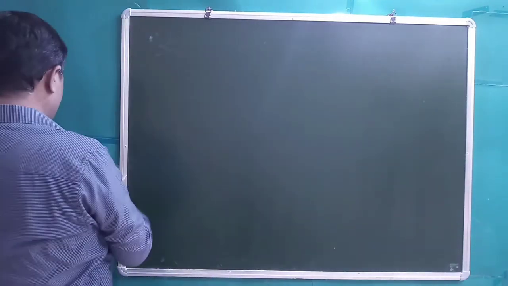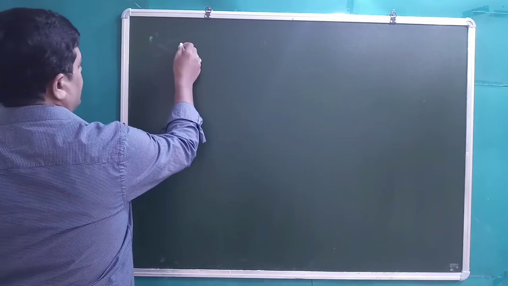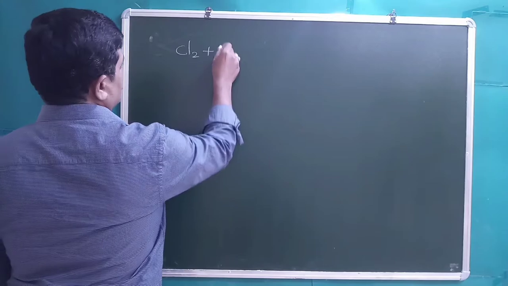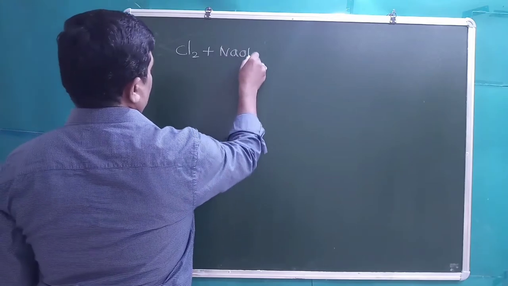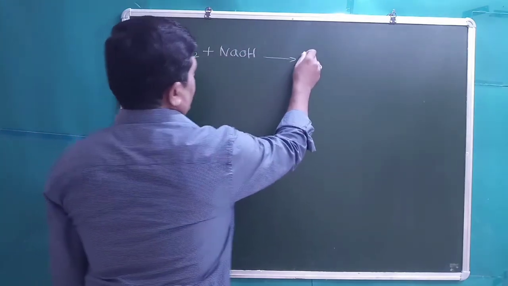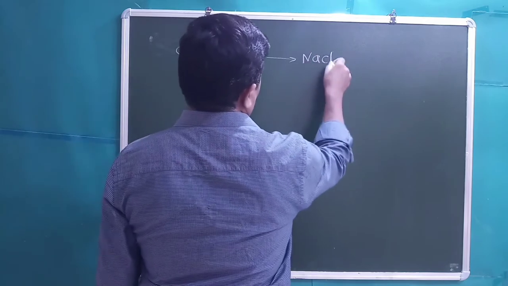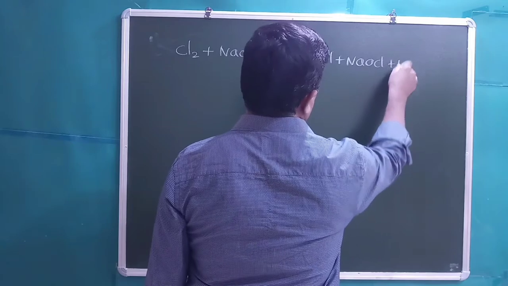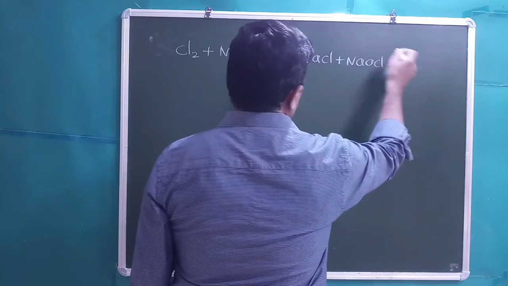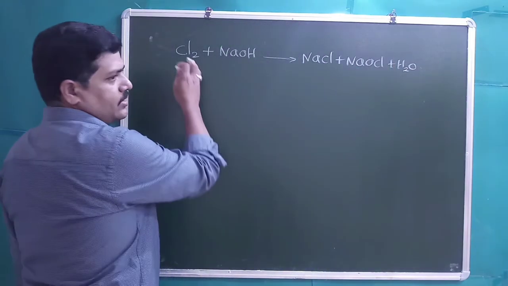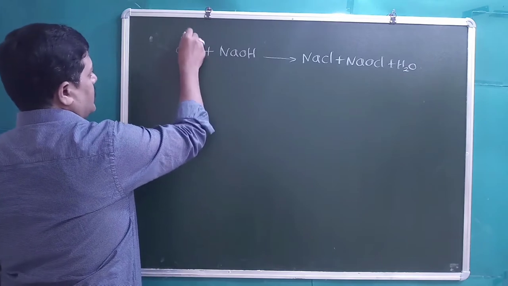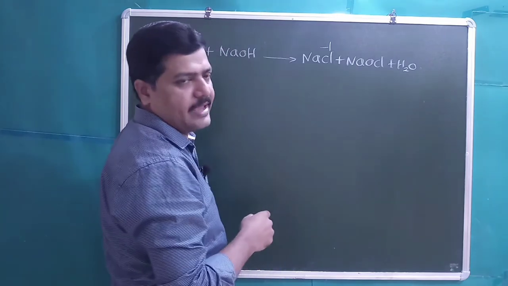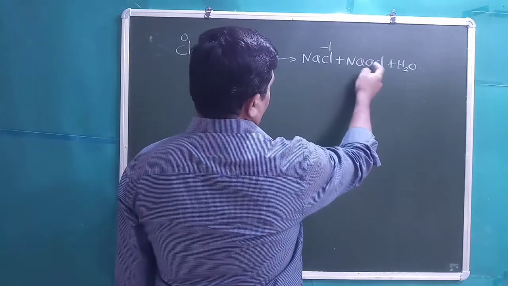Dear students, let us take one more example for the disproportionation reaction. Cl2 plus NaOH gives rise to NaCl plus NaOCl plus H2O. The chlorine oxidation number in Cl2 on the reactant side is 0, the elemental state. In NaCl it is -1.